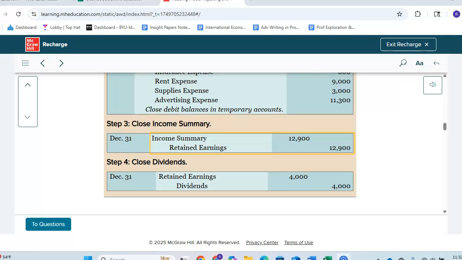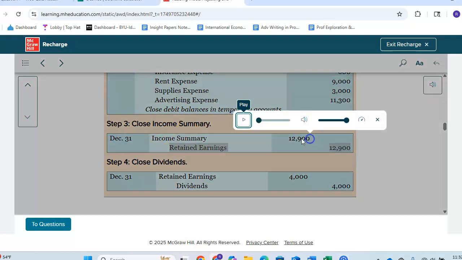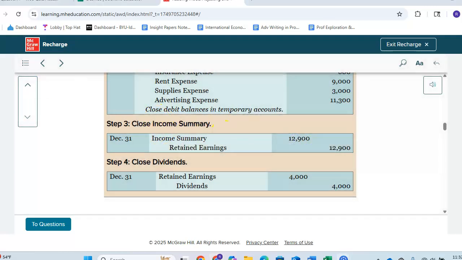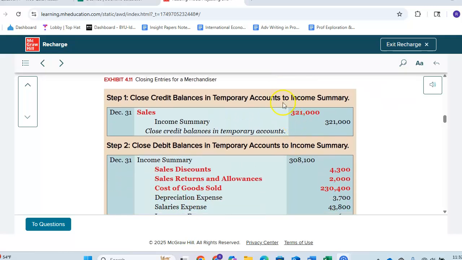Now we figure out how much that is supposed to be by adding this and subtracting this amount. So adding how much credit you added to the income summary minus the amount of debit that you've added to the income summary.